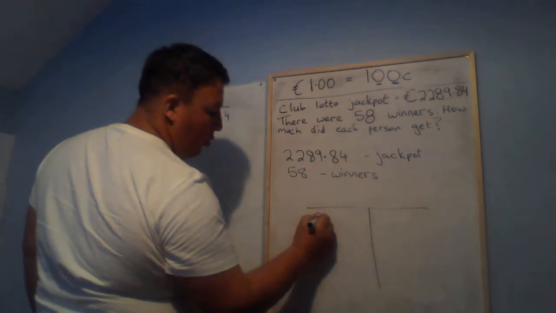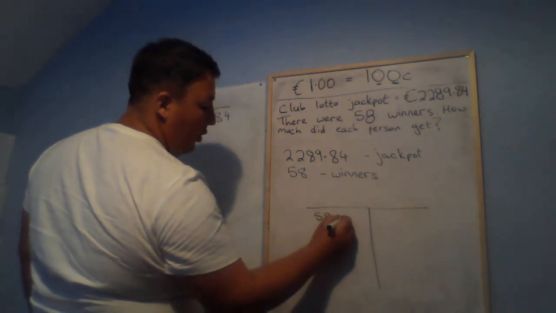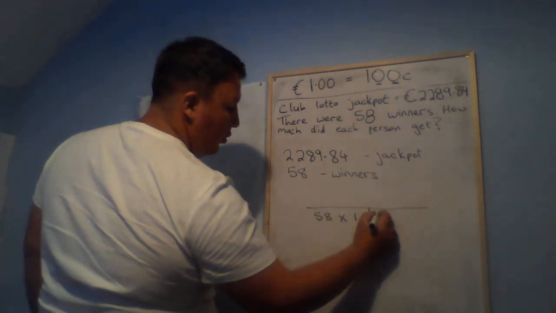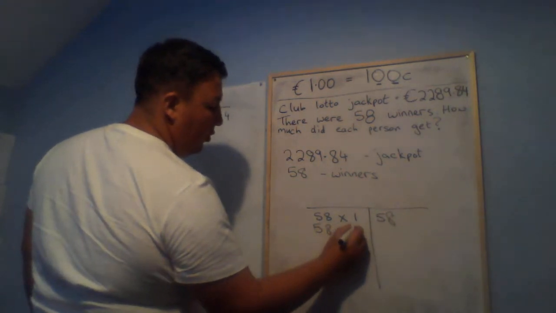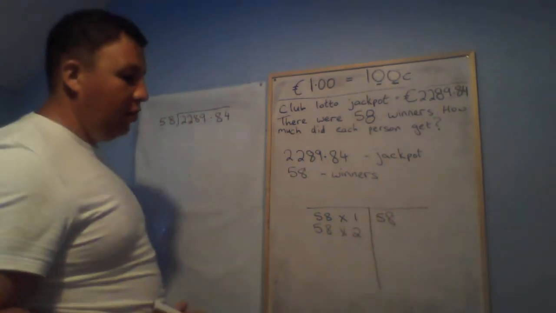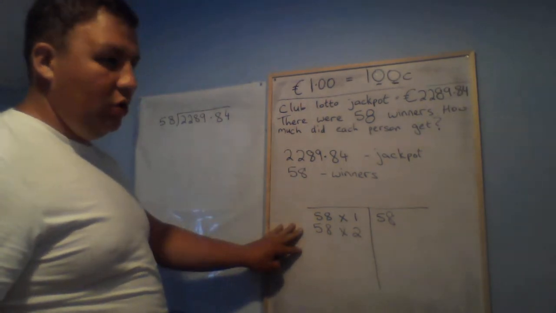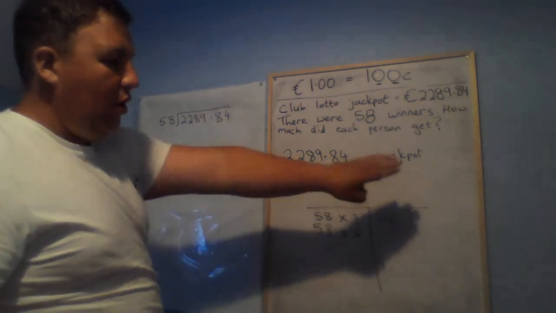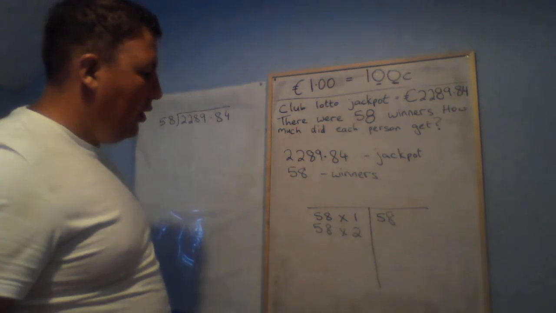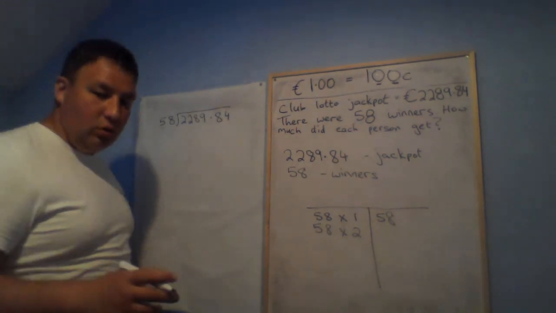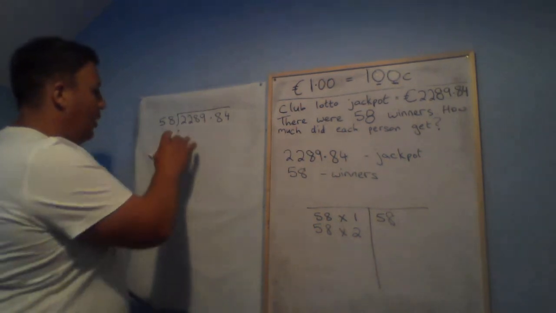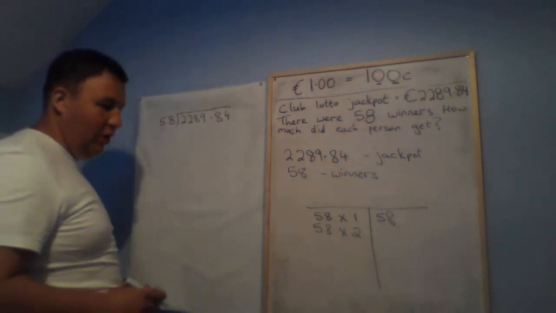Alright, so we do our 58 times 1, it's 58, and 58 times 2. Now these only work if you can do them in your head, or you can work them on the sides, and it will give you a better idea of how close to go when you're guessing how many times a number will go into each area.